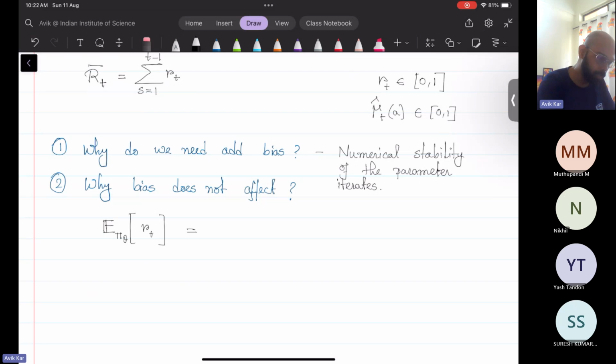And what we're doing is subtracting something: RT minus BT.